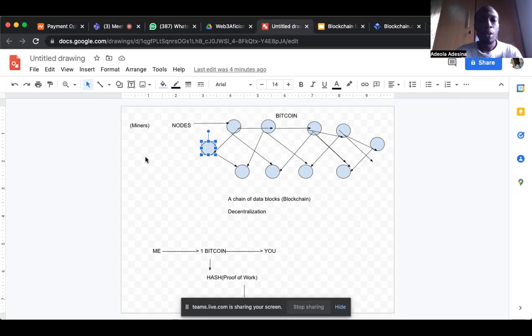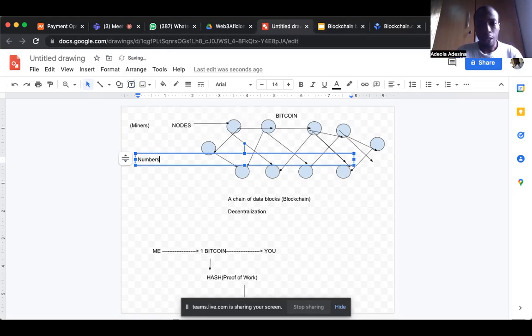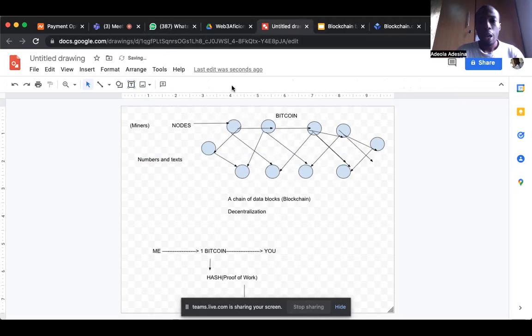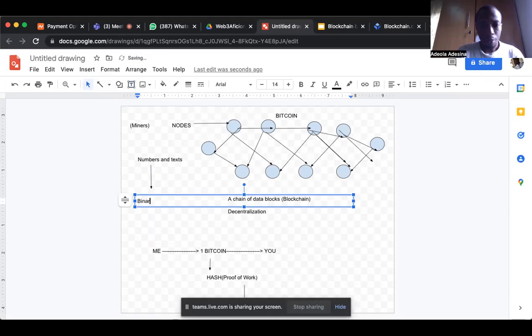Now, numbers, we have numbers and texts inside the Excel files, right? Now, these numbers and text inside the Excel files can be defined as binary numbers, as binary, such that we can have 0, 1, 0, 0, 1, 0, 0, 0, 0, 1, 0, right?